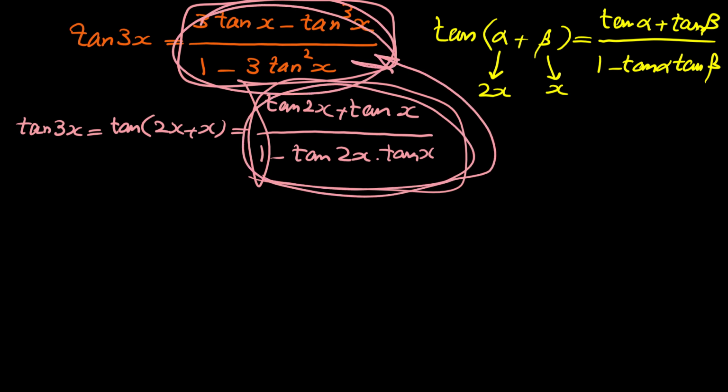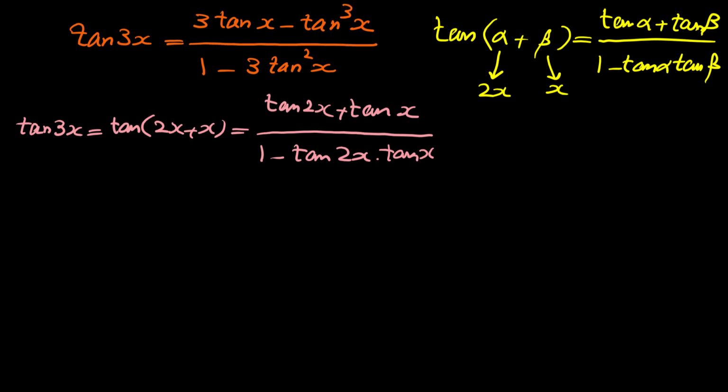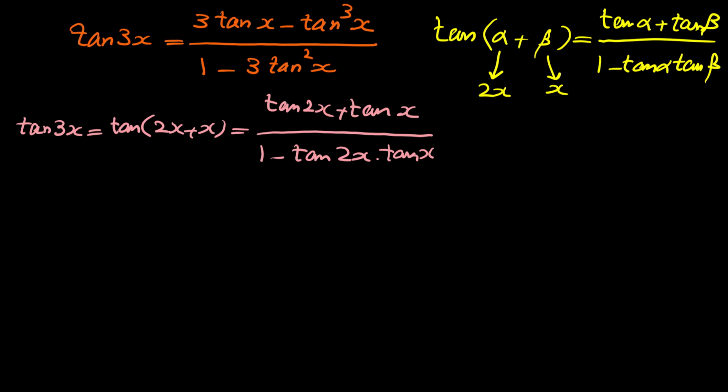If you look at this relation, every angle is x, but here we have angle 2x for tangent. So we have to write tangent of 2x, this and this, in terms of tangent of x, because everything here is tangent of x. Let me remind you, double angle identity for tangent.